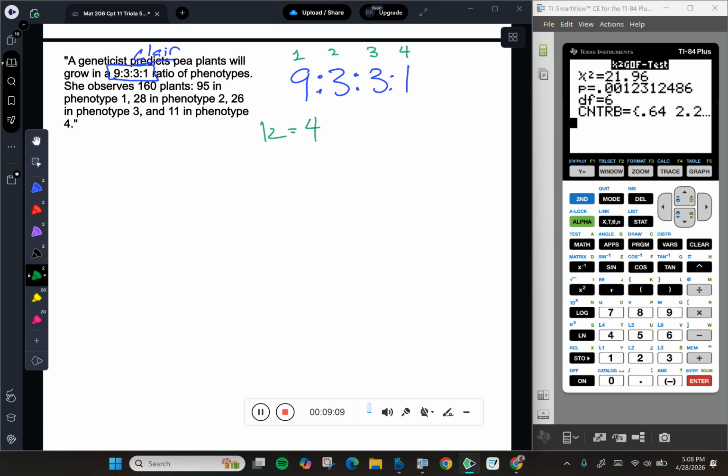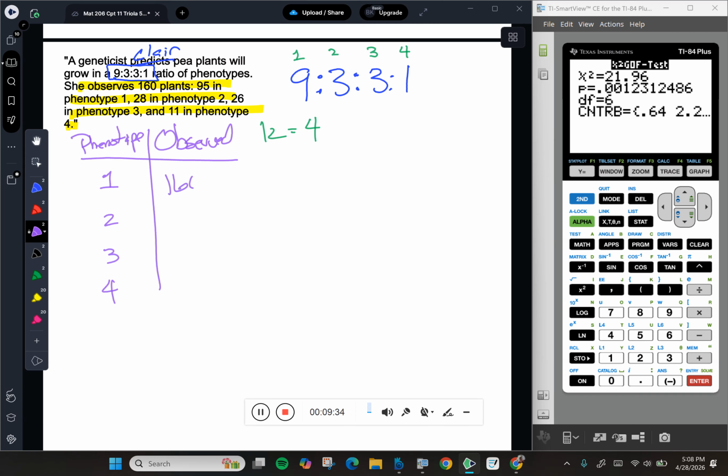Okay? Now, the next part of this tells me that she observes a bunch of stuff. I found it pretty easy in the last couple examples when I had a table, so I'm going to make one. So my phenotypes are 1, 2, 3, and 4. My observed is 160.